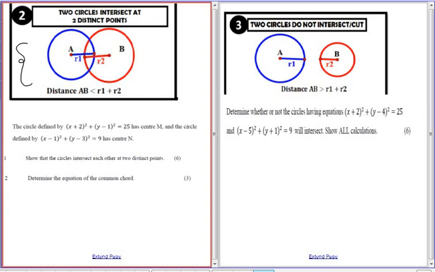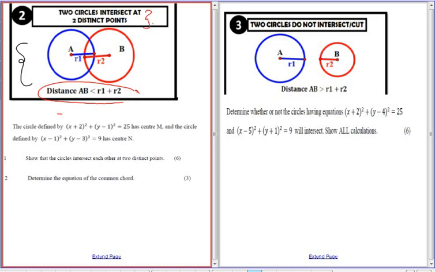That is why I made sure that you have them. So in your head, combine the blue line for R1 and the red line for R2 and compare it with a straight line distance between A and B. That way you will appreciate that AB in this situation happens to be smaller than R1 plus R2. So that is when we know that two circles intersect at two distinct points.